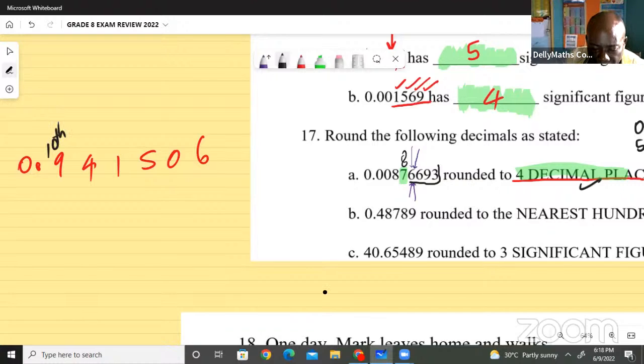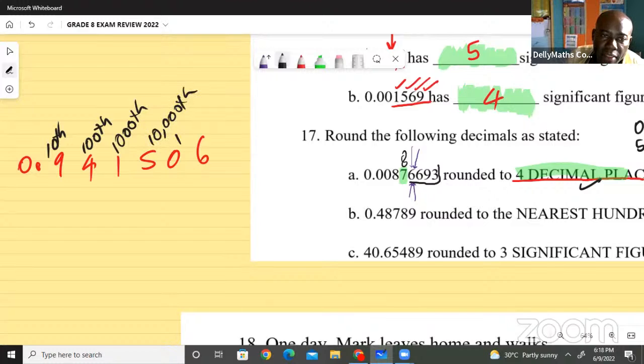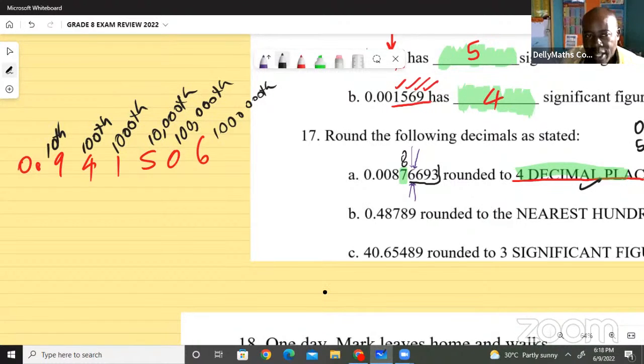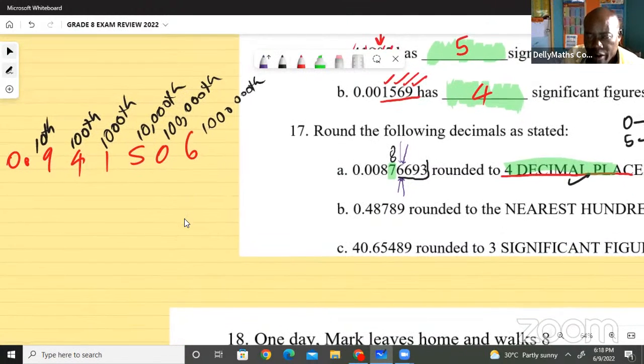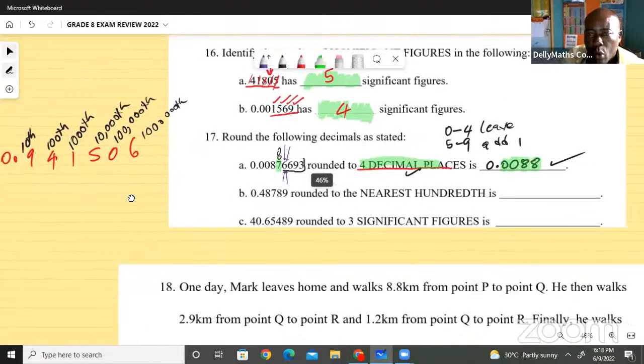The second one is in the 100th spot. Then the next one is in the 1000th. Then the next one is in the 10 thousandth. And then the next one is in the 100 thousandth. And then the next one is in the millionth. So make note of this so that when a question comes and asks about the 100th, you know where you should stop. Because that is the thing, knowing where you should stop.